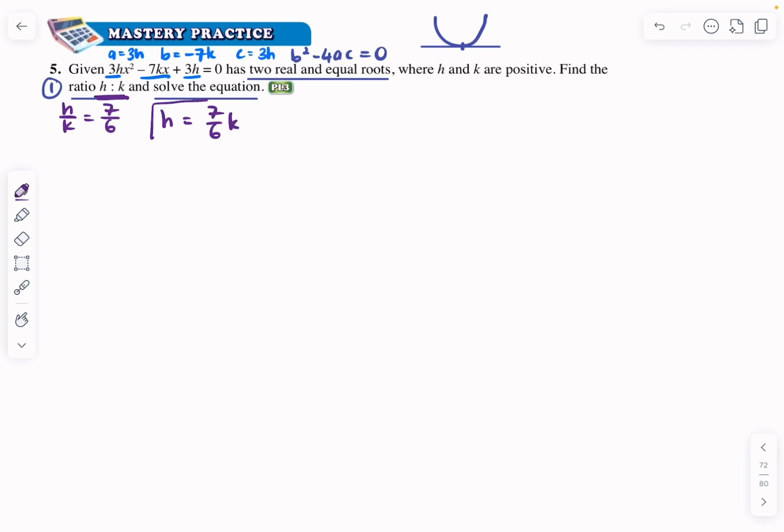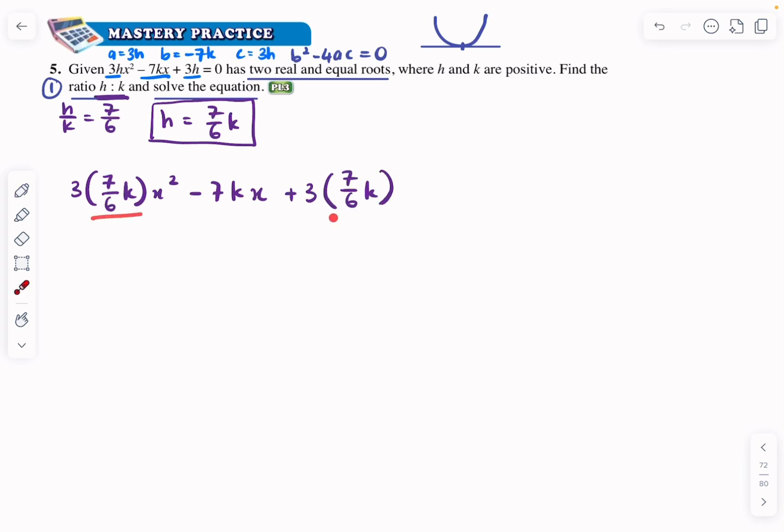So we can sub this into our equation: 3h x square minus 7k x plus 3h equals to 0, with h substituted by this.